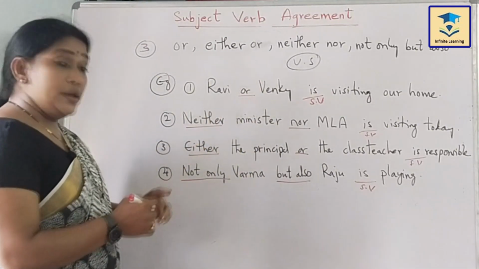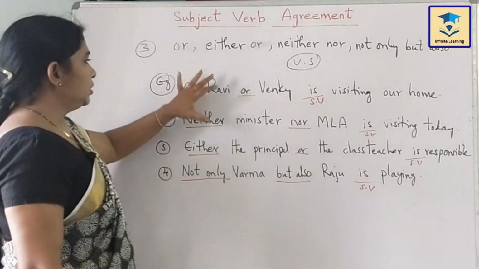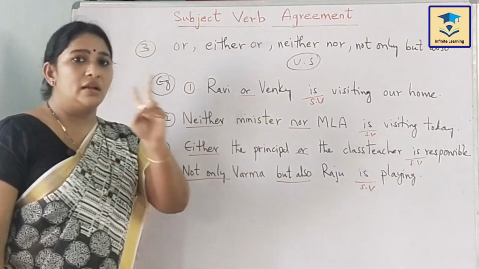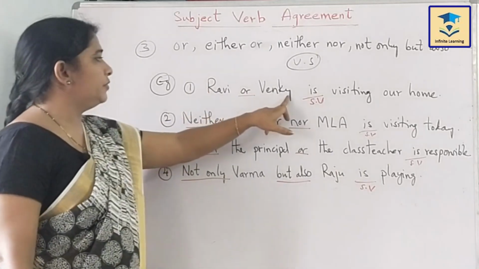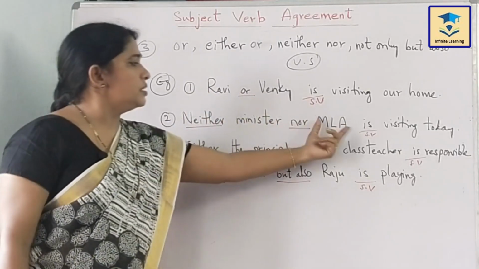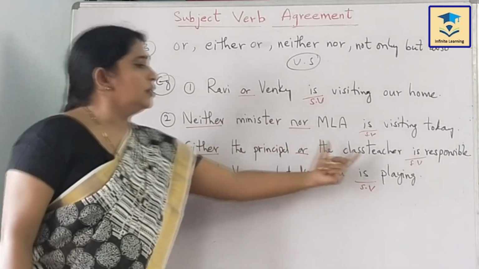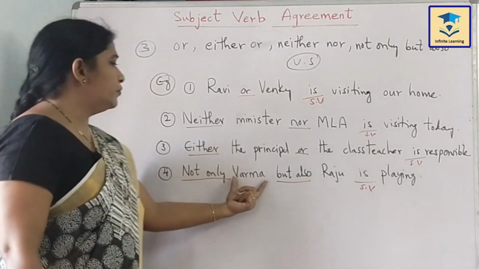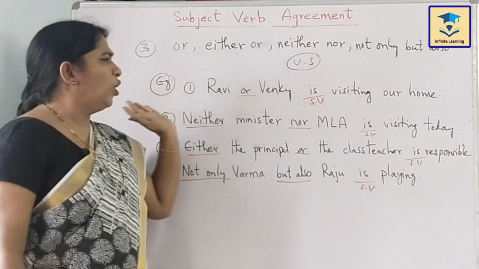Got it? And if you observe, in every sentence there are two nouns: Ravi, Venki. Minister, MLA. The principal, the class teacher. Varma, Raju. All these are singulars.